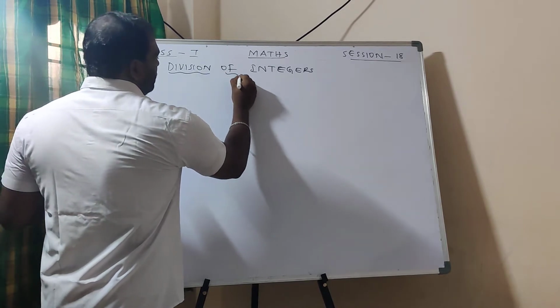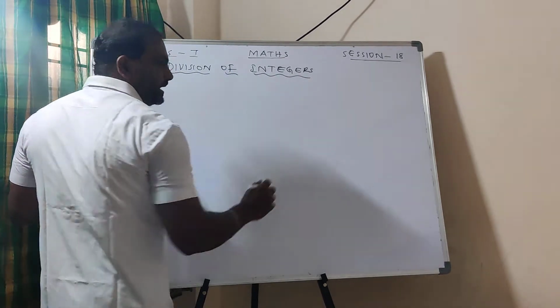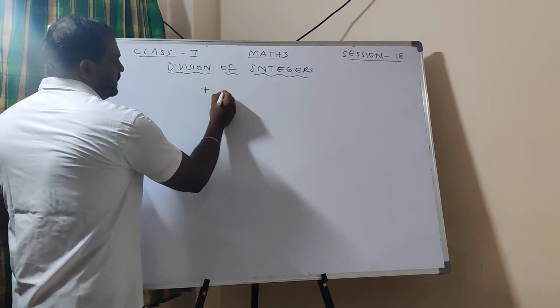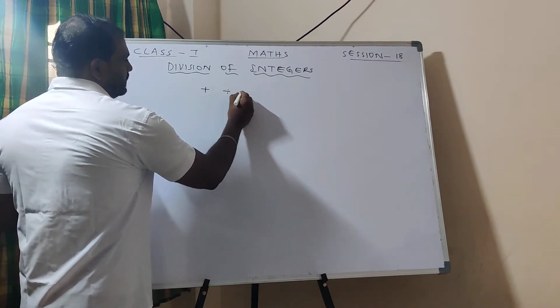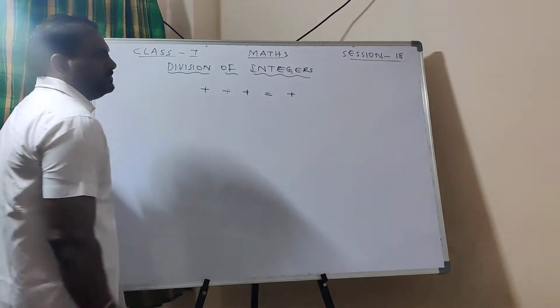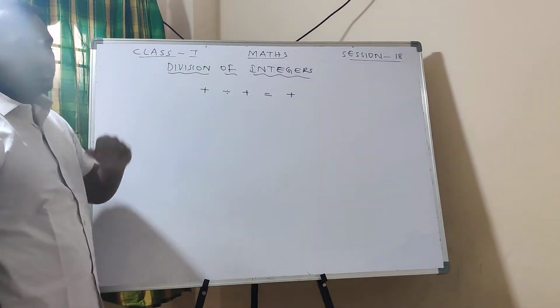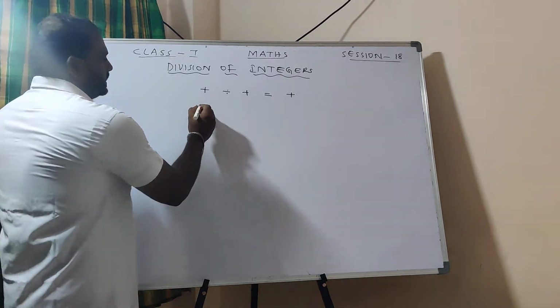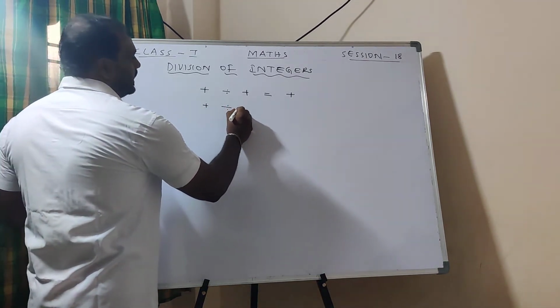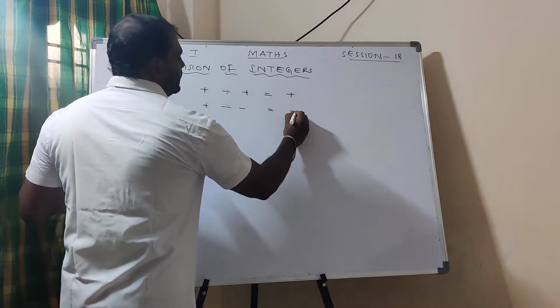As with multiplication, the first formula is when a positive integer is divided by a positive integer, you will get a positive integer. Next, a positive integer divided by a negative integer gives a negative integer.